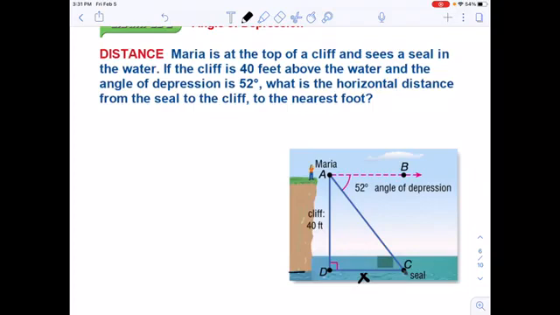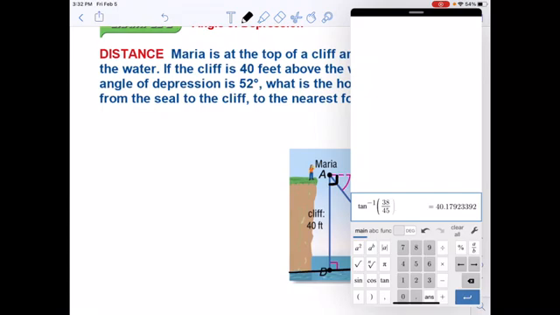Now, if you recall, we learned that if we extend this other horizontal line, based on the alternate interior angles theorem, this is actually also 52 degrees. So you could use that, or you could use the fact that this is a 90 and take 90 minus 52.